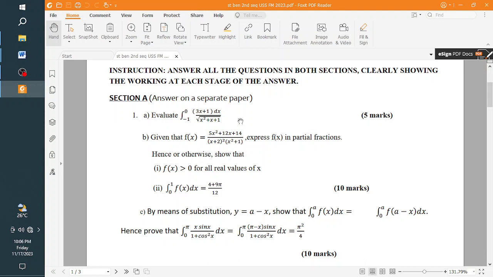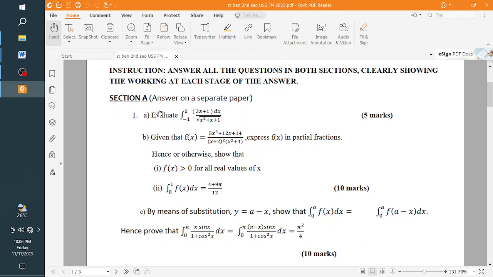But now something again comes to my mind. If I differentiate x squared plus x plus 1 in the denominator, I get 2x plus 1, but the numerator is 3x plus 1, so I can separate 3x plus 1 into 2x plus 1 plus x, and then I see what I can do.